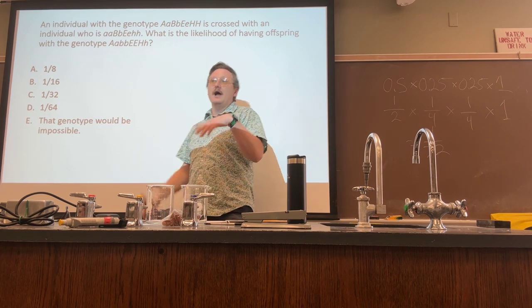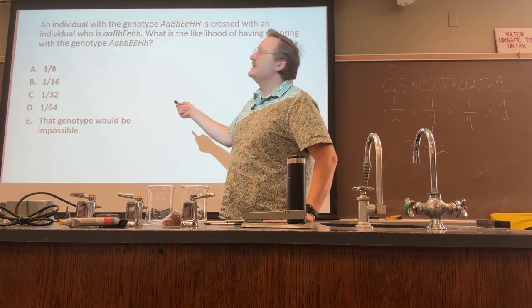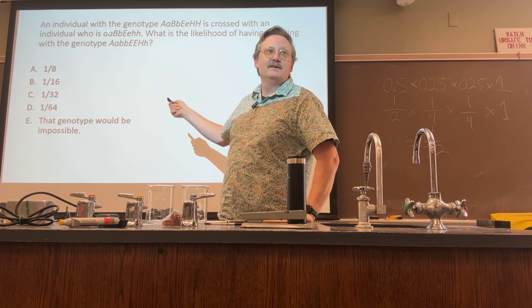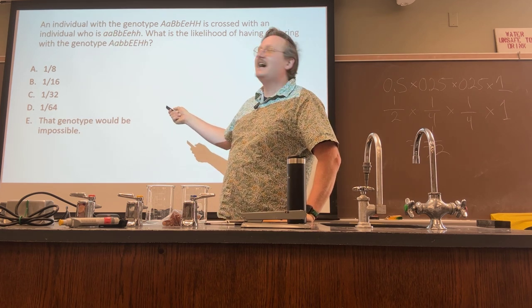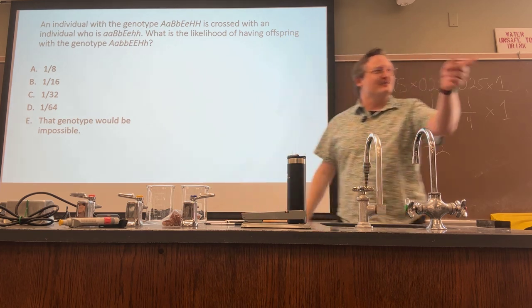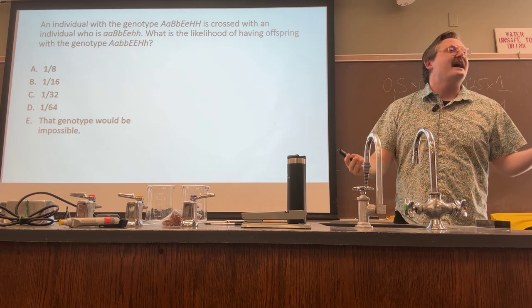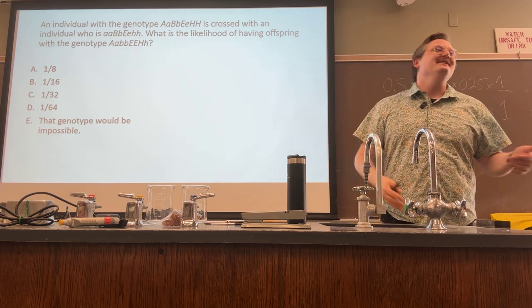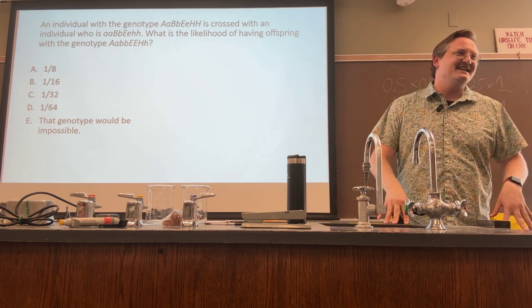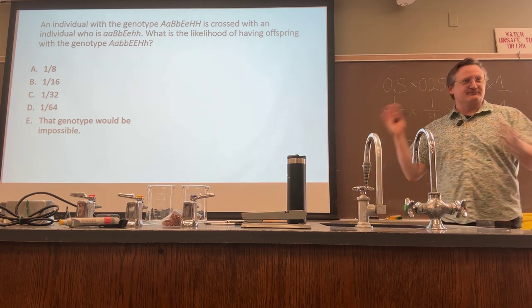There are other things that could happen, but there's only one way that you can get this genotype: receiving a dominant allele here and a recessive allele here. You're probably thinking, there's a recessive allele there too, right? But we don't care about that outcome, because if that happened, you would be homozygous recessive for that gene. So I'm eliminating certain combinations rapid fire.